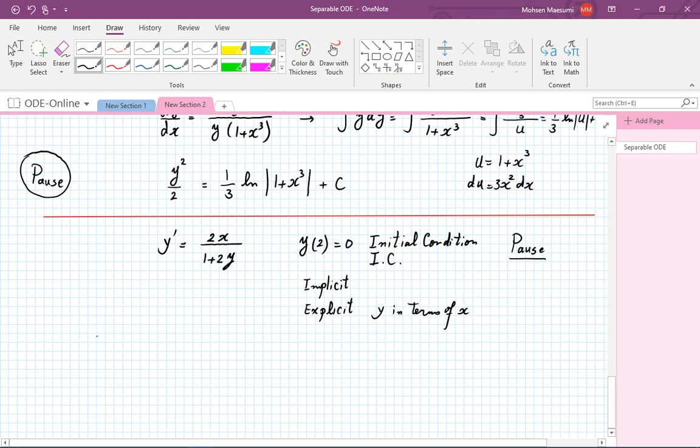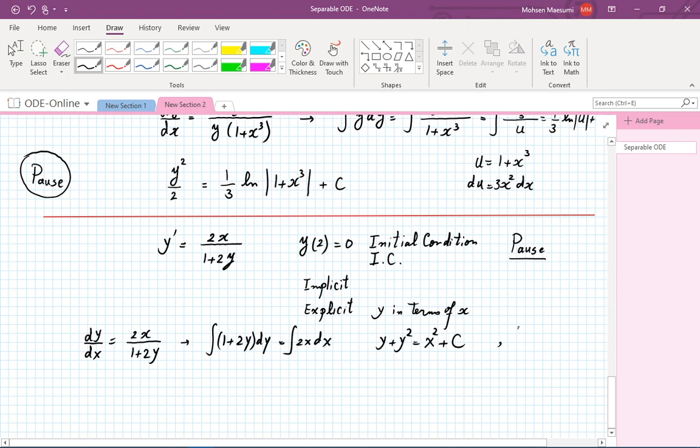So here I'll be a little bit faster than before. dy/dx is 2x over (1 plus 2y). Next step, (1 plus 2y) dy is equal to 2x dx, and then integrate. So now I have y plus y squared is equal to x squared plus c. As soon as the constant appears, if the initial conditions are given, we try to nail down the constant.